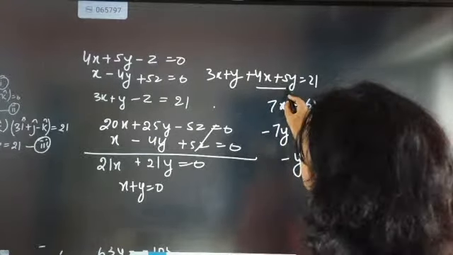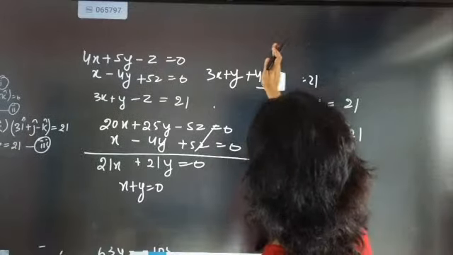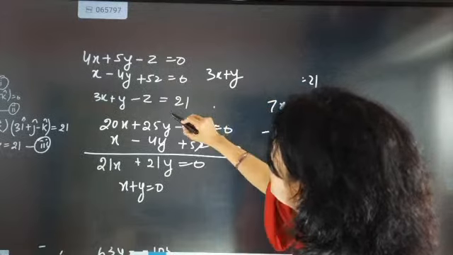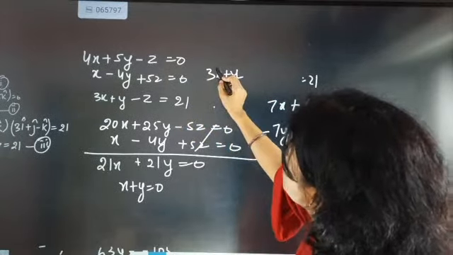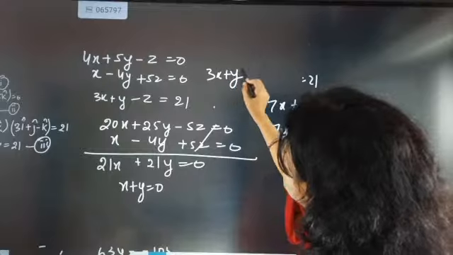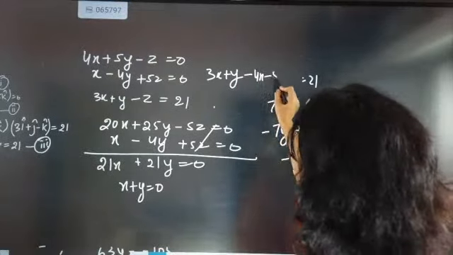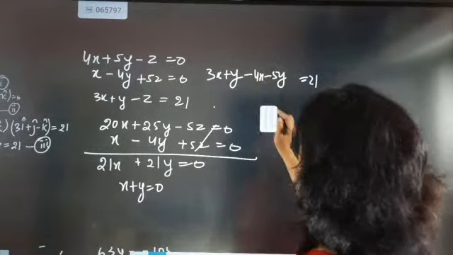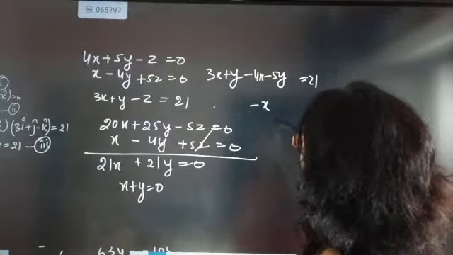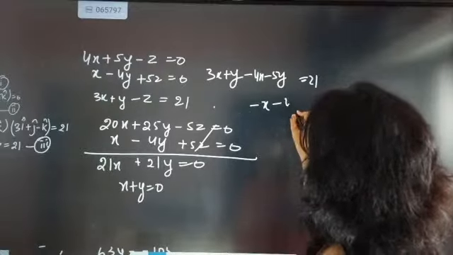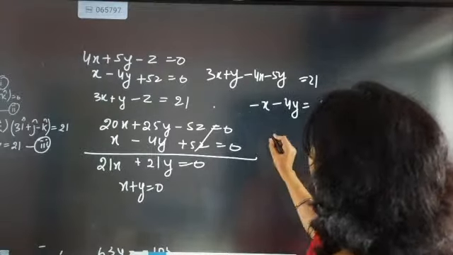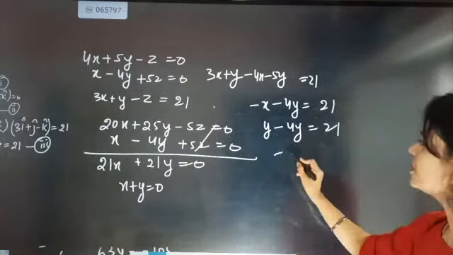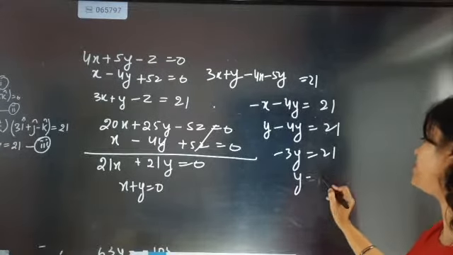So just substituted the z part here, it will be minus z. So minus z will be equal to minus 4x minus 5y. Got it. Got it. Then minus x minus 4y equal to 21, so minus 3y equal to 21. y will be equal to minus 7.